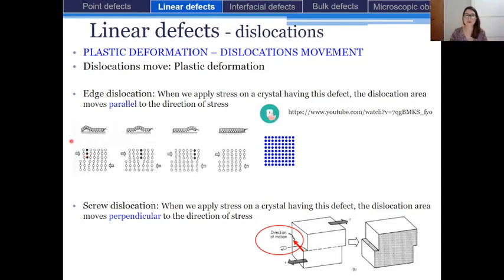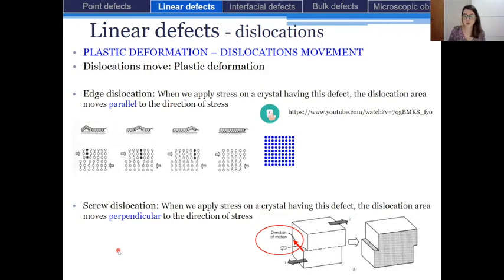Okay, so it is like a worm, and the dislocation will move in the direction of the stress. And as you can see, after a certain point, the dislocation will escape from the crystal. Okay, it will abandon the crystal, so no more dislocation. So let's remember that in that case, the dislocation is abandoning the crystal because there is no other dislocation in this crystal that hinders its movement.